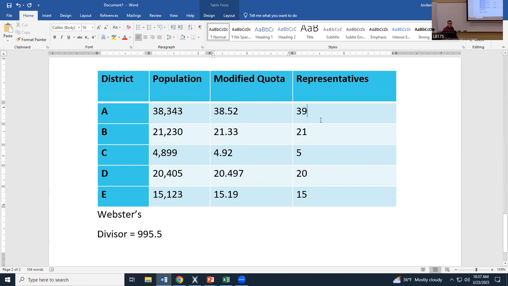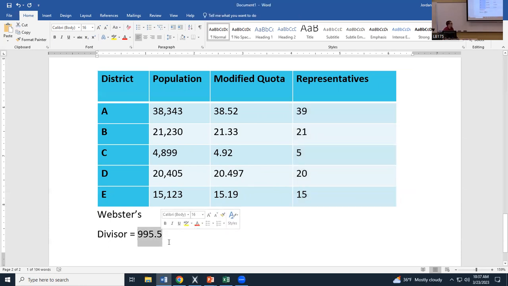But you can see that the representatives allocation is this way. And because our divisor sticks pretty close to the standard divisor, while you can get quota rule violations in Webster's, they're slightly less likely than with Adams's and with Jefferson's.